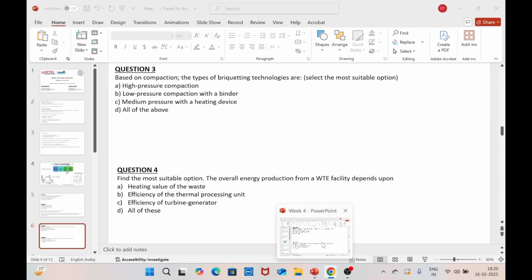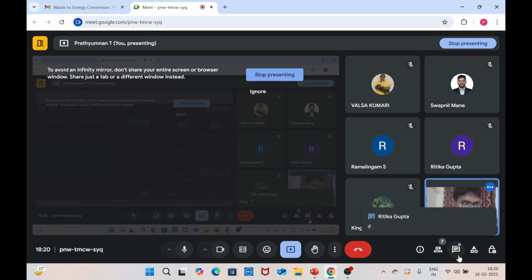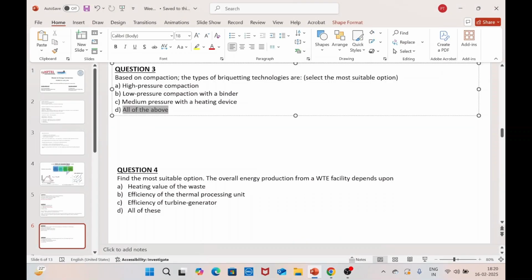So D, okay. As we discussed previously, high pressure compaction, low pressure with binder, medium pressure with or without binder. That depends upon the type of the material that you use. So all of the above is the answer: high pressure, low pressure, and medium pressure.